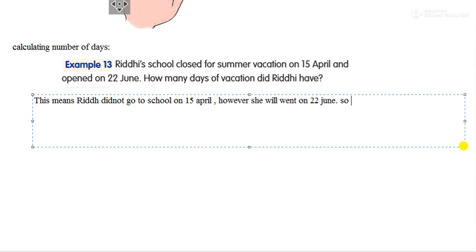So we need to include 15th April in the calculation, but have to exclude 22nd June.